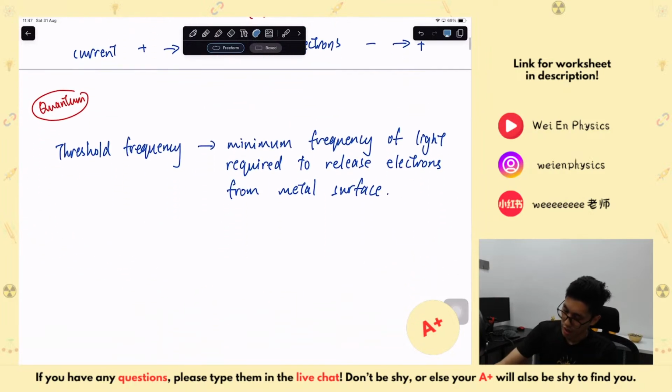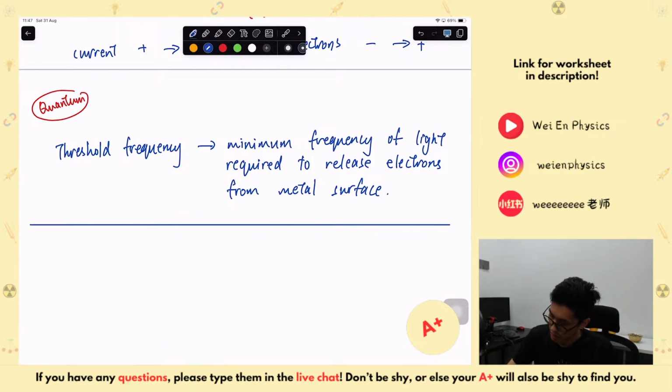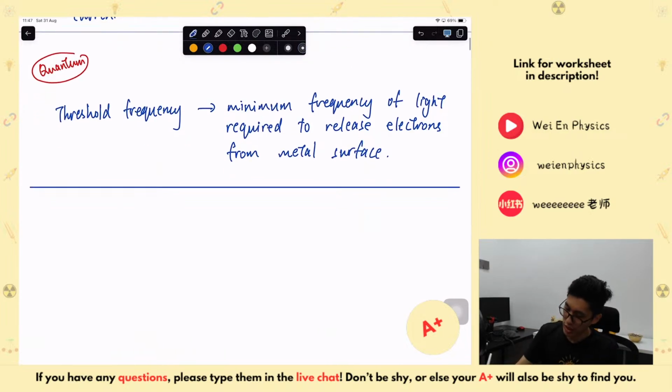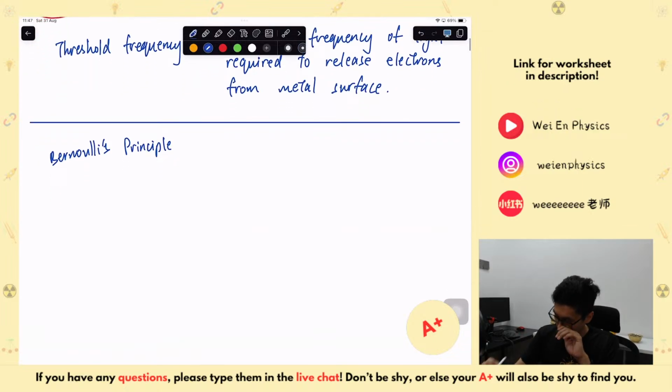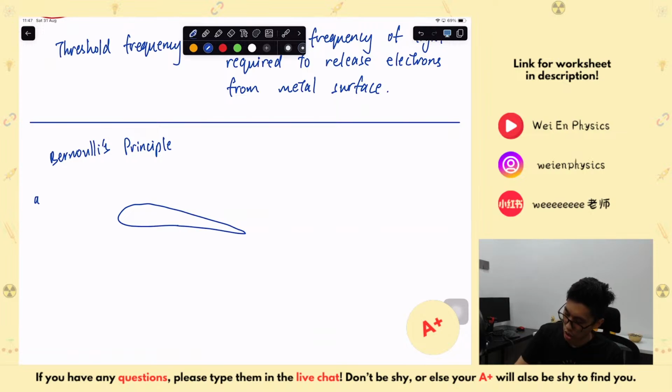Alright, next thing, let's talk about Bernoulli's principle again. Remember, let's say they give you a shape like this. If this is in air, it will be called an aerofoil.